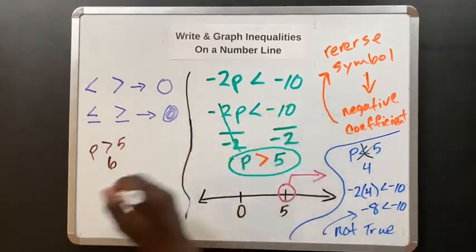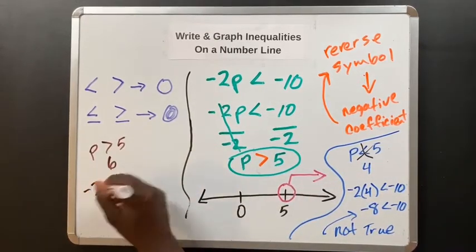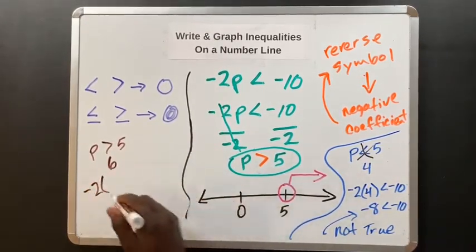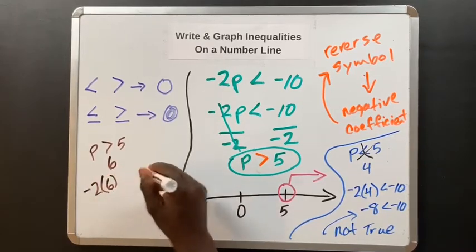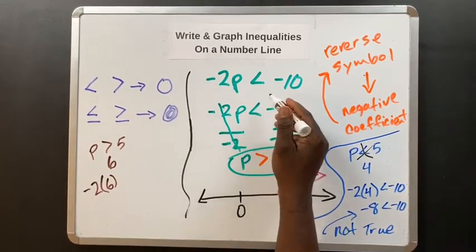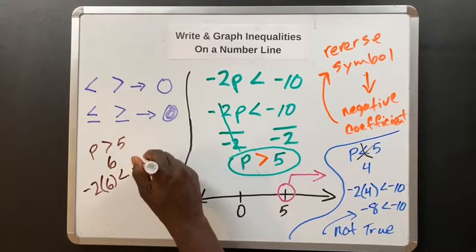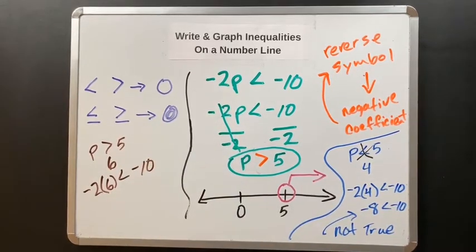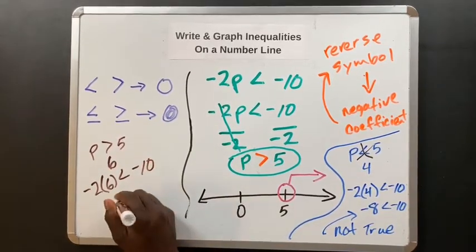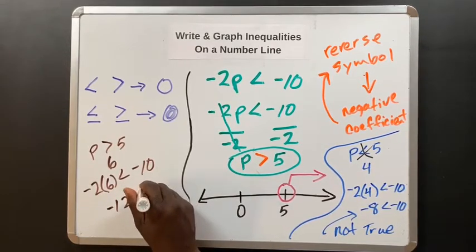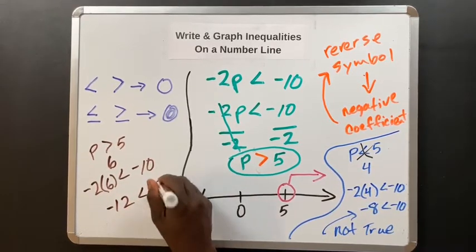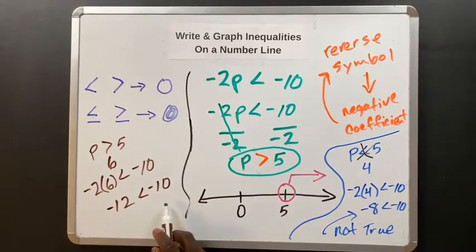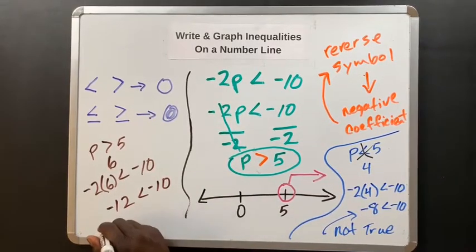So write that sentence, negative 2 times where p is equal to 6, right? Less than negative 10. So then I get negative 2 times 6 is negative 12, and less than negative 10. Is negative 12 less than negative 10? Yes.